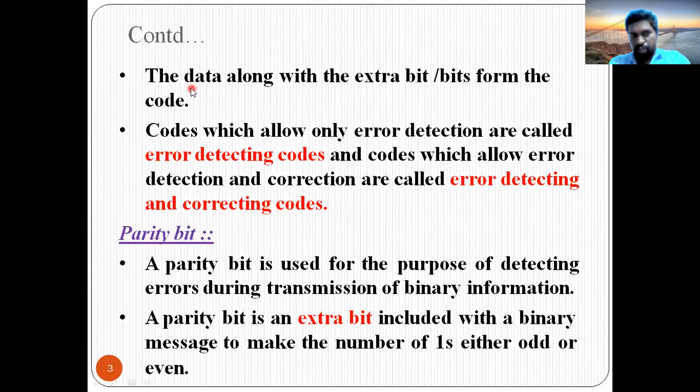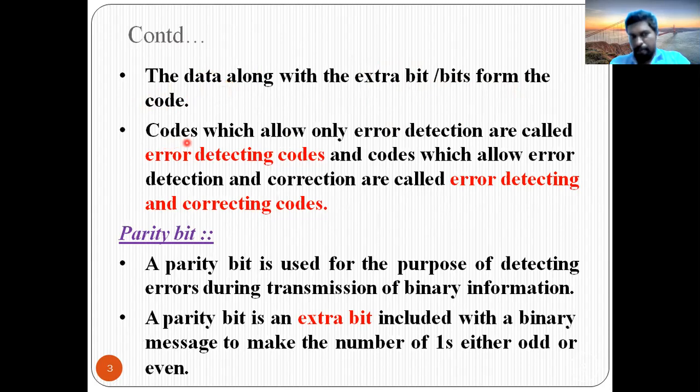So the original data is mixed with the extra bits, combined with extra bits, which will form a code. Okay, what is a code? It is nothing but the combination of data bits plus the extra bits, that is called your code. You can call it encoding when it is at the transmitter, and decoding when it is at the receiver.